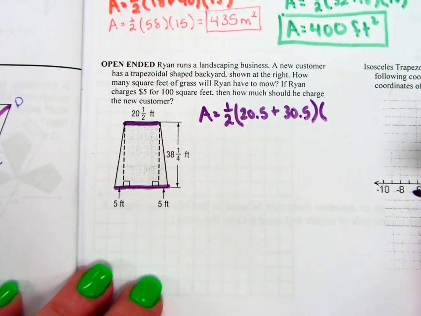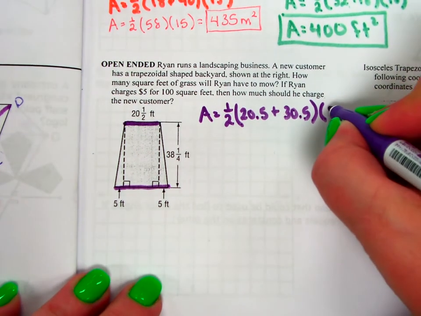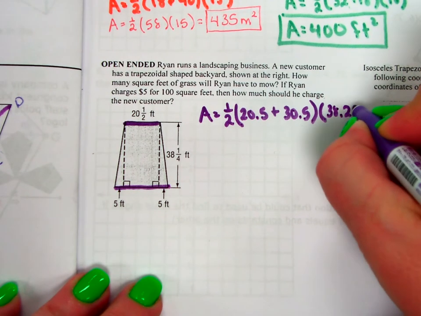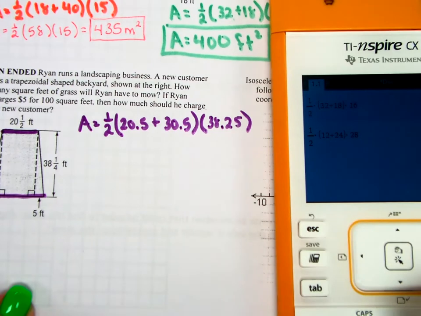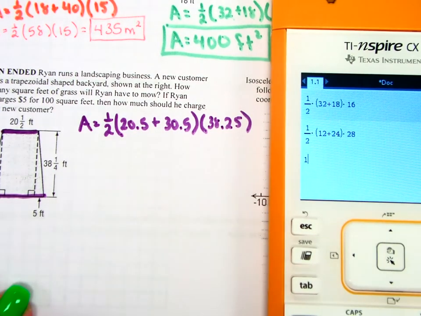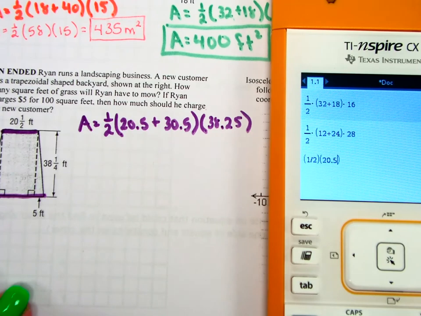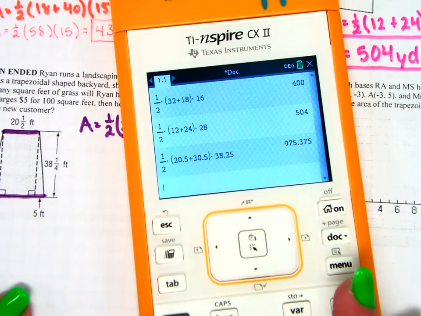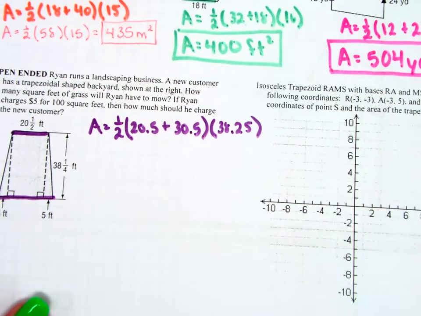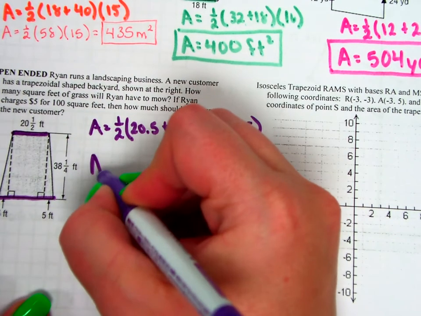What's the height? 38.25. So I can just put that in the calculator. 1 divided by 2, parentheses 20.5 plus 30.5, parentheses, 38.25, gives me 975.375.